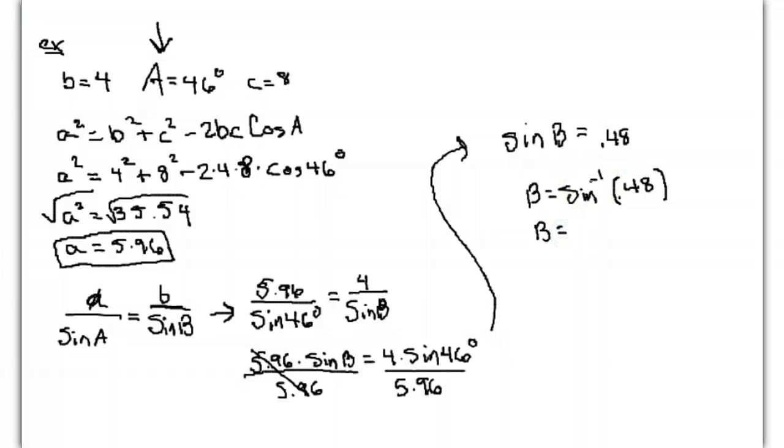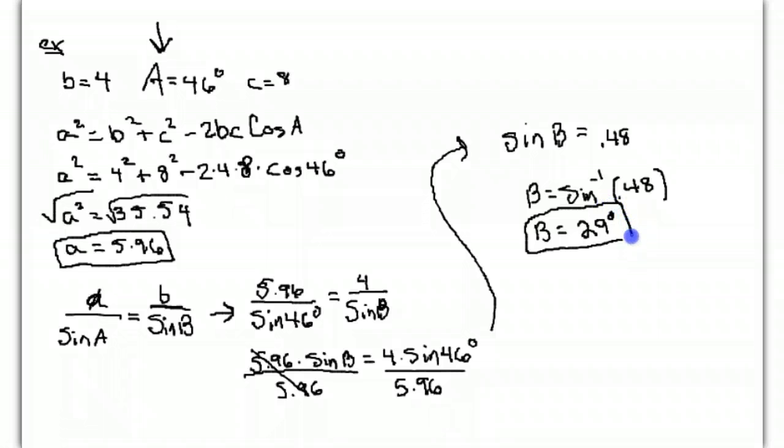So somebody tell me what it comes out to when you hit sine inverse of 0.48. And you can round this to the nearest whole number, because it's a degree. So that's 29. So B comes out to 29 degrees.